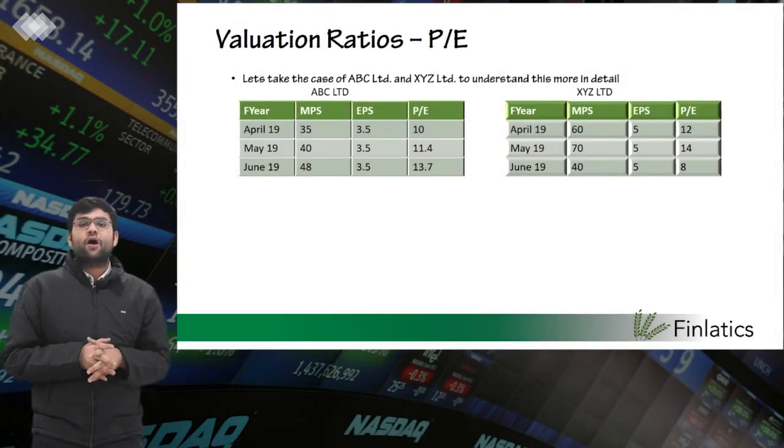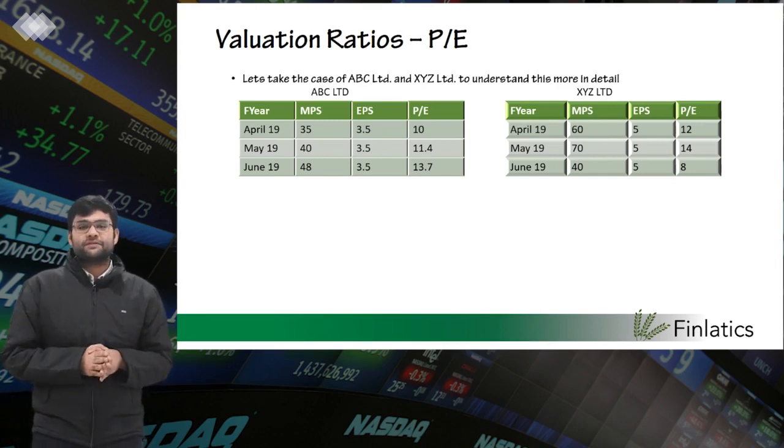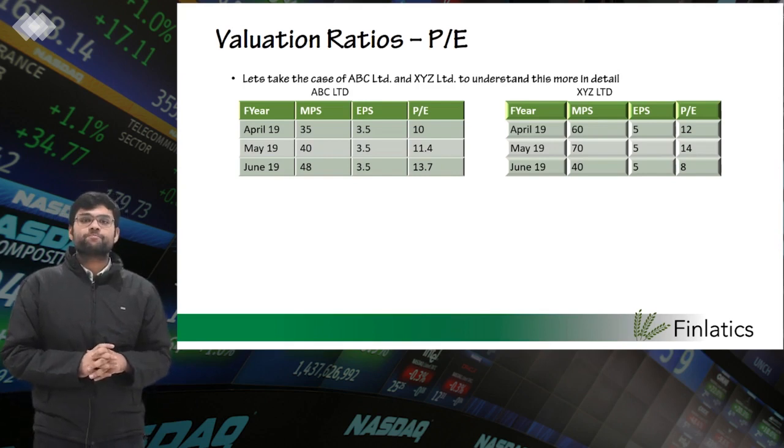Similarly, in the case of XYZ Limited, the PE went from 12 in April 2019 to 14 in May 2019, only to come down to 8 in June 2019. This was due to market price fluctuation.